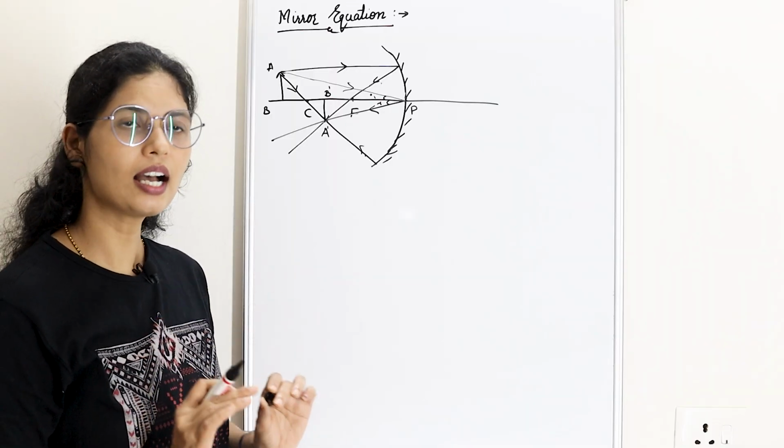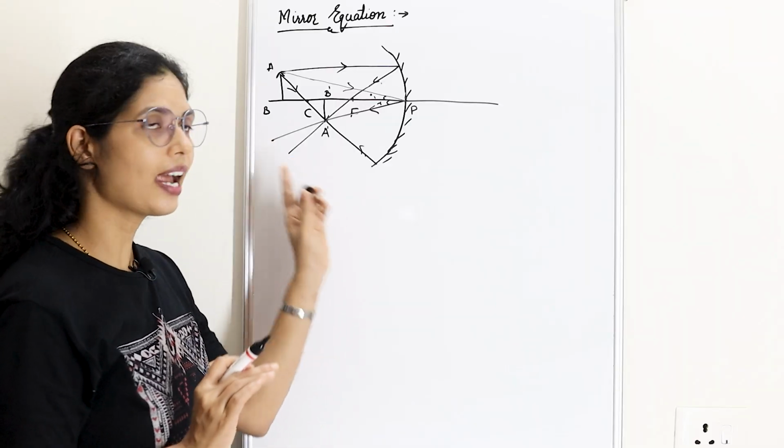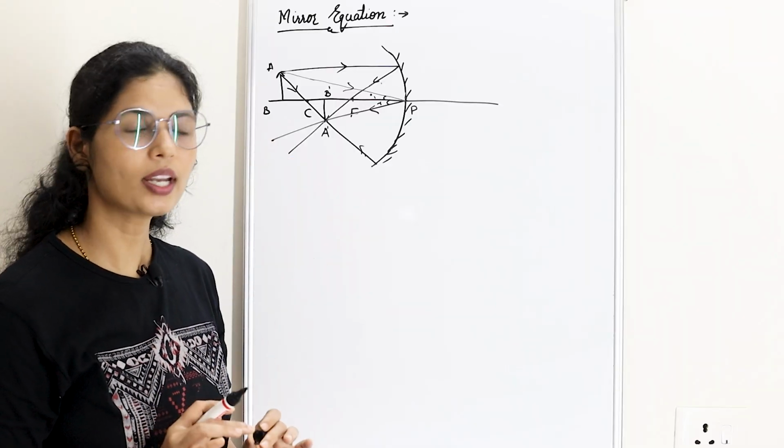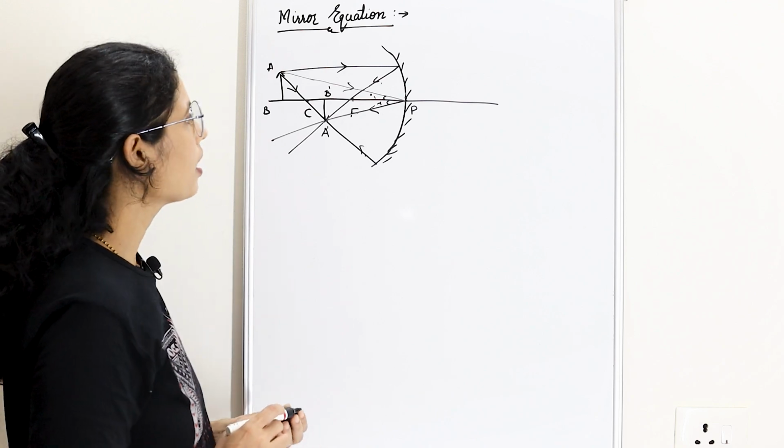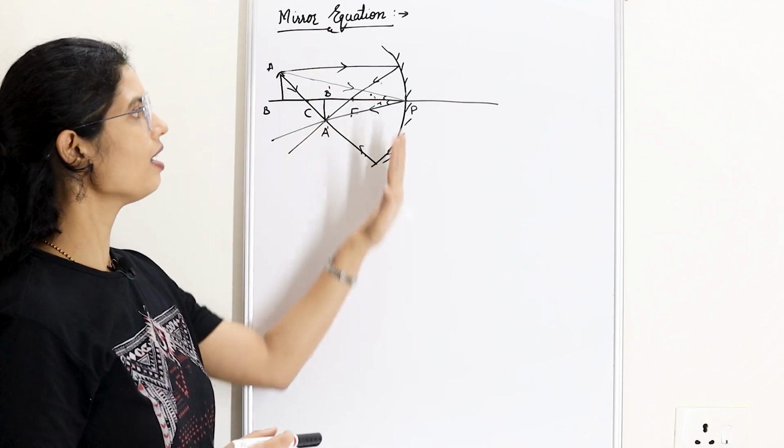It is formed from the reflected rays. Now, this is about the diagram.